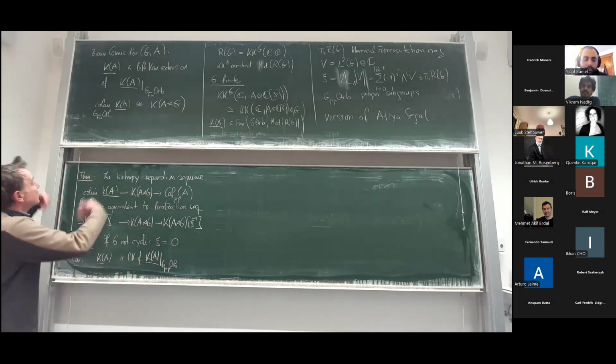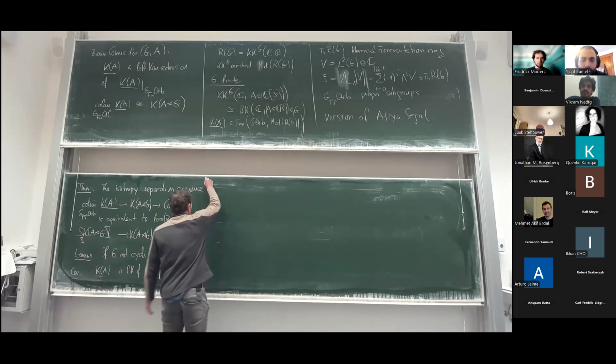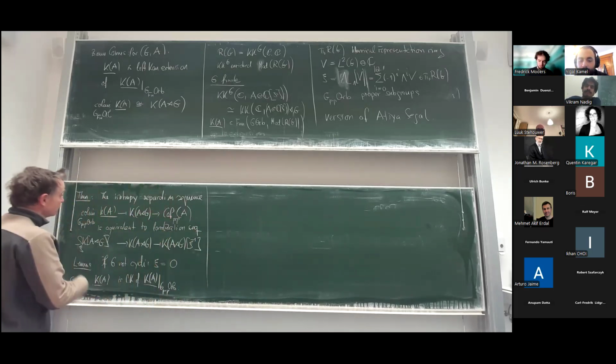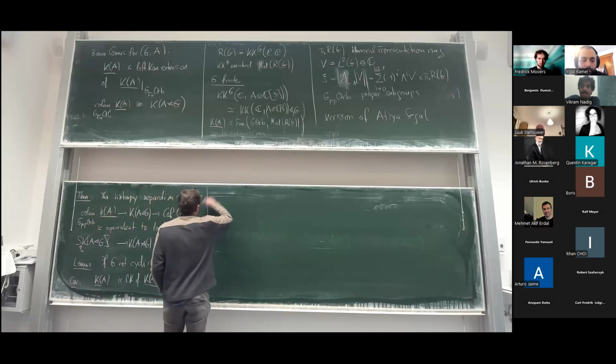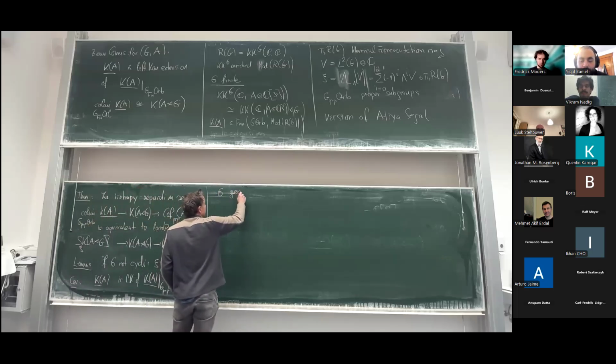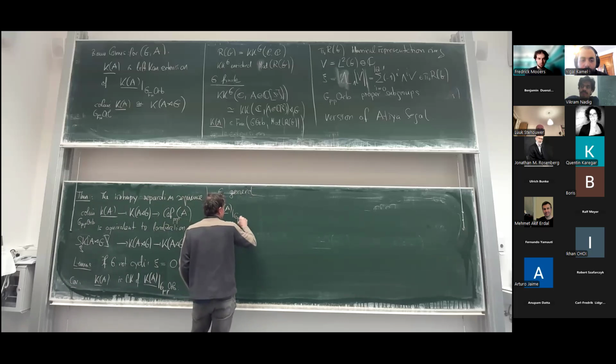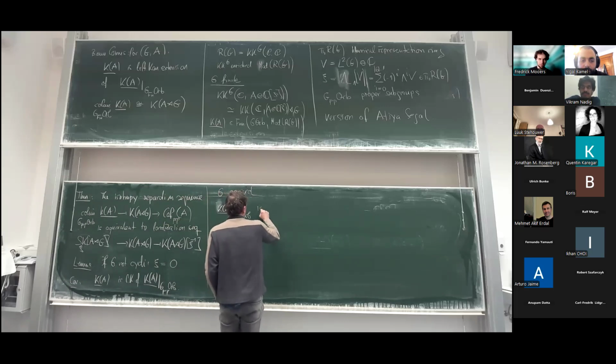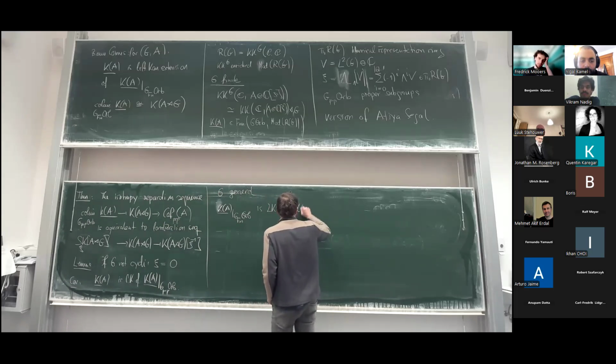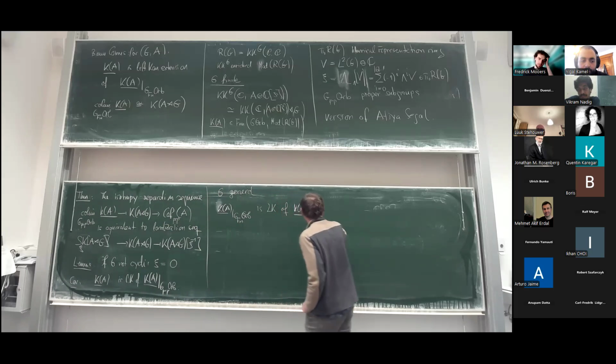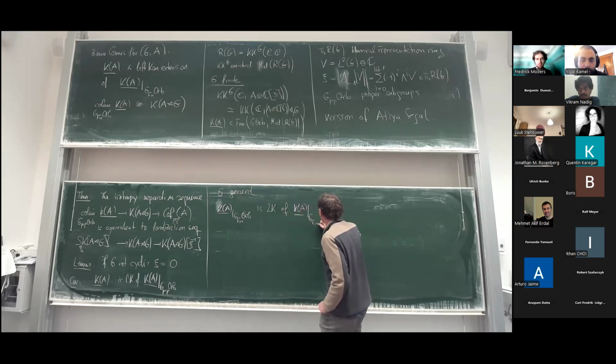Okay, now one can use this. So now I come back to general groups. Of course, there are some arguments in between. If G is general now again, one sees that K underline restricted to the finite subgroups is the left Kan extension of its restriction to the finite and cyclic subgroups.